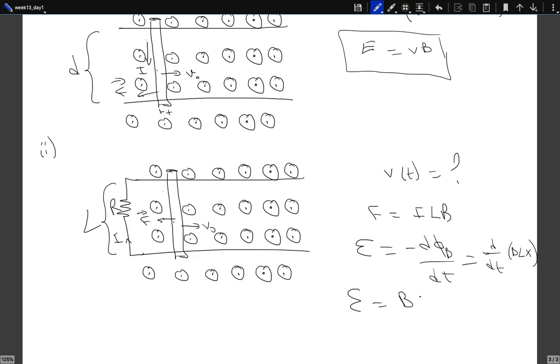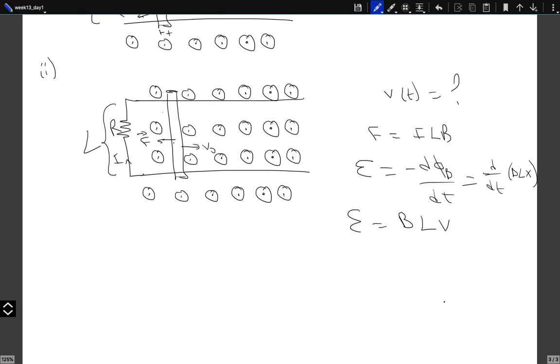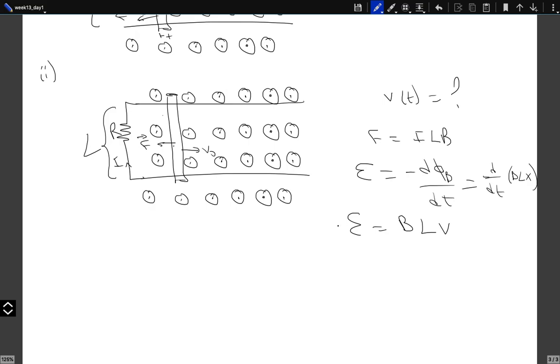This will be B times L times v. But this EMF should be equal to I times R. So the current is BL over R times v.